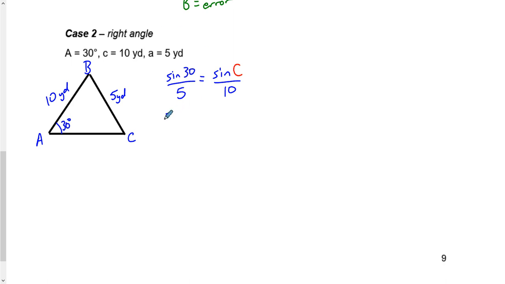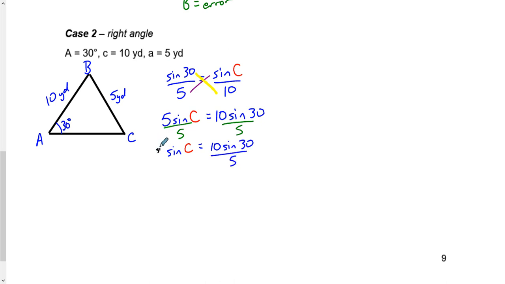Do our manipulation. So our cross multiplication, 5 multiplied by sine of C. So we would have 5 sine C equaling 10 sine 30. Divide by the 5. Sine of C equals 10 sine 30 over 5. Sine inverse.